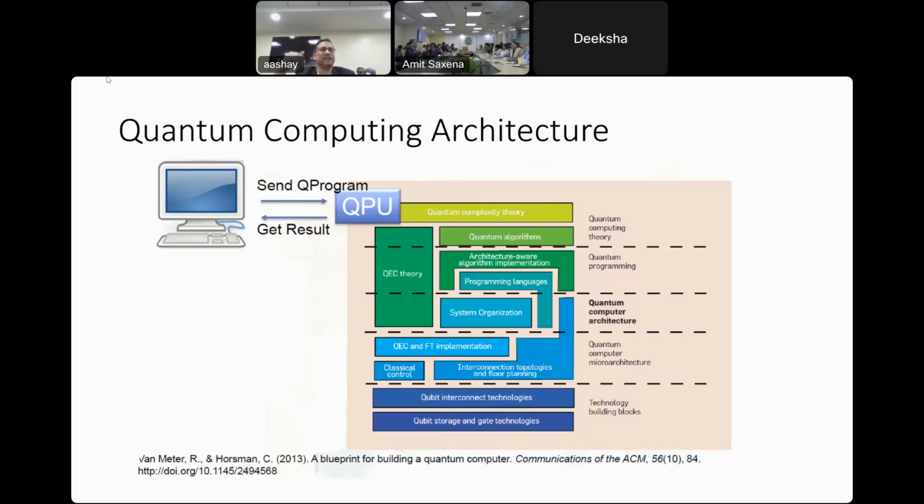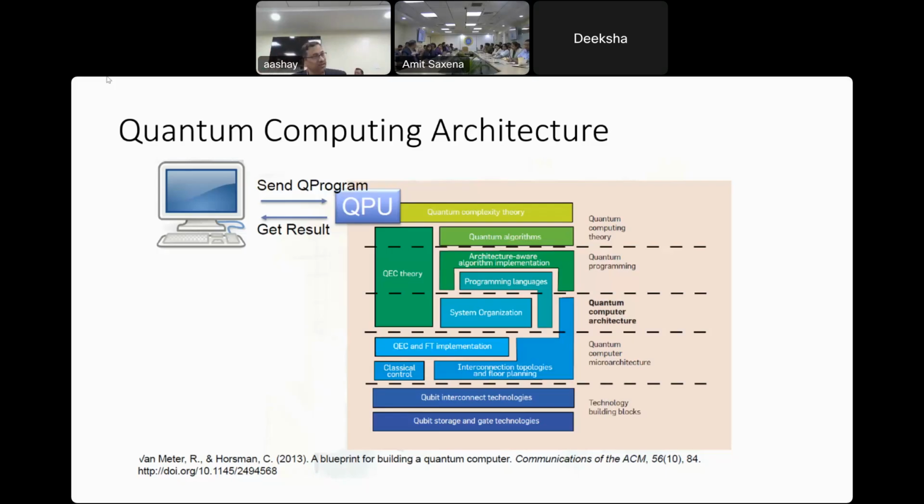There will be the quantum compilers, the quantum error correction tool chain, and some functional modules. Ultimately, it will hit the qubit, which will be at the lowest level. And then there will be control, which will direct the qubit state transformation according to the program. At the top layer, we need to work on the quantum algorithm.